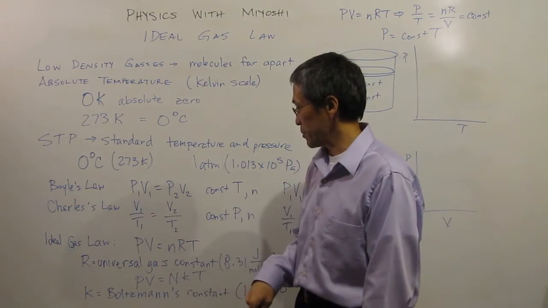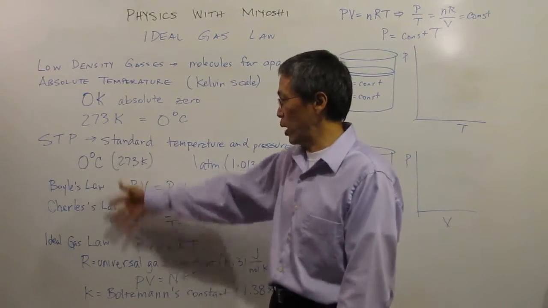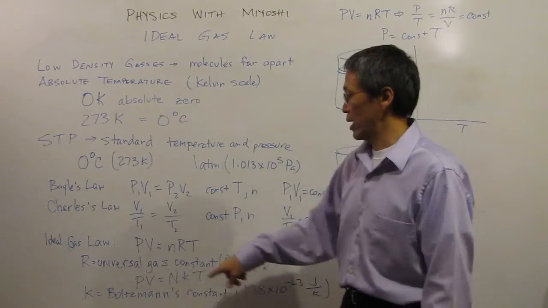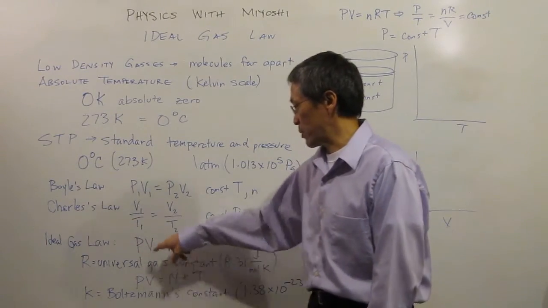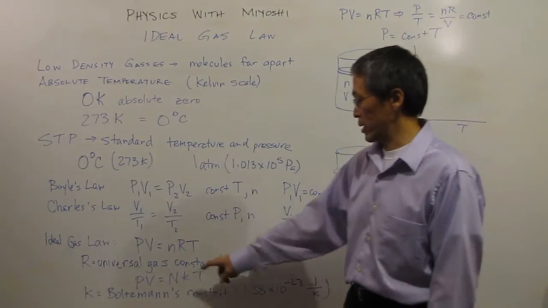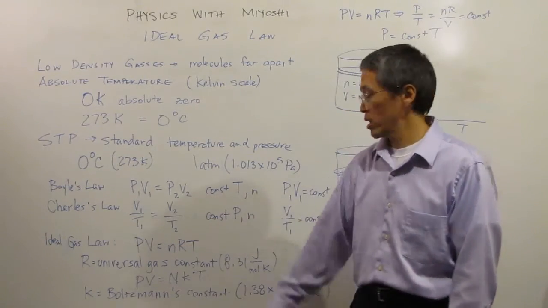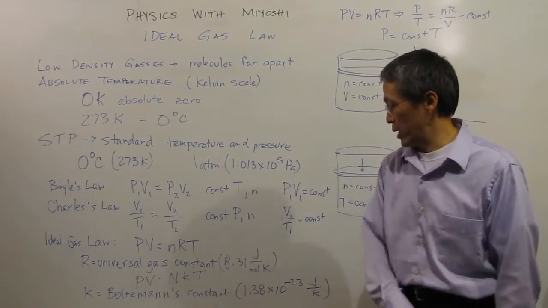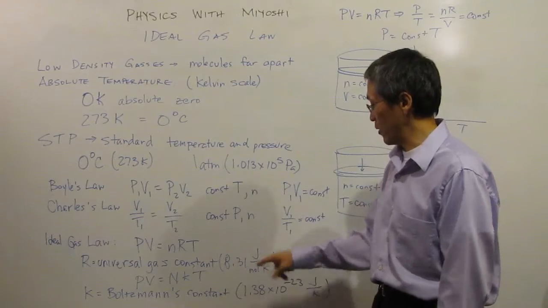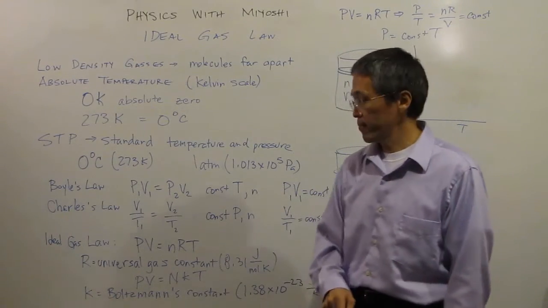Then they all came back to one big law, which was the ideal gas law. The ideal gas law says the pressure times the volume, or the work done, is nRT, n being the number of moles, R our universal gas constant, which is 8.31 joules per mole Kelvin, and T our temperature in Kelvin.